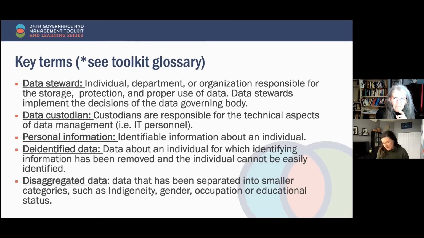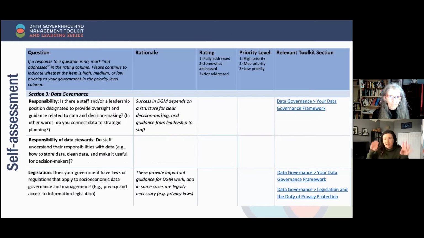I just want to take a couple seconds to talk about the self-assessment tool. Adam Perry walked us through that last time. If you can go to the next slide. I just want to make the connection between the tool and some of the stuff we're going to talk about today. It's not one-to-one, but we're trying to design the webinars and the content we're delivering here in a way that helps you use some of the aspects of the toolkit.